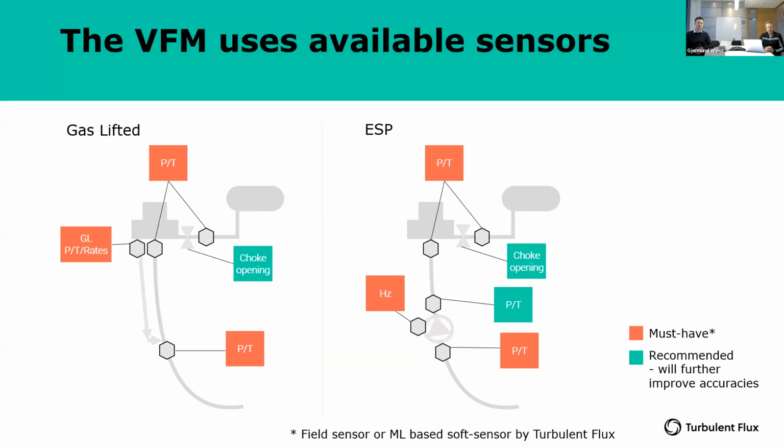And then we typically subscribe to different types of sensors: pressure and temperature, downhole and at the surface. What is the production choke setting? There can also be some sensors that are missing. Then we might also end up doing soft sensing with machine learning to replace the missing sensor that we are using in our multi-phase flow simulator when we do the calculations.